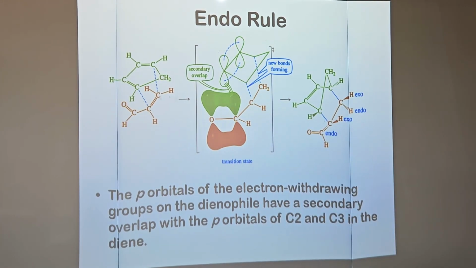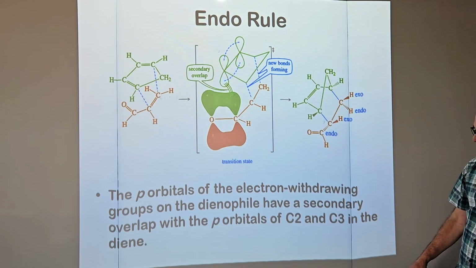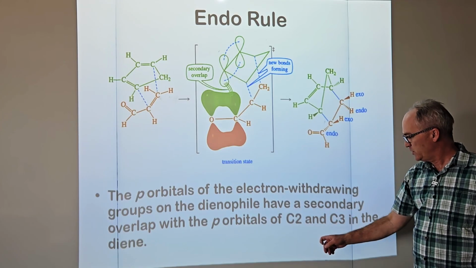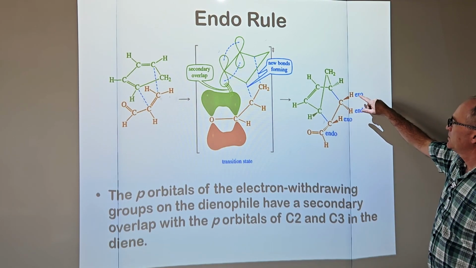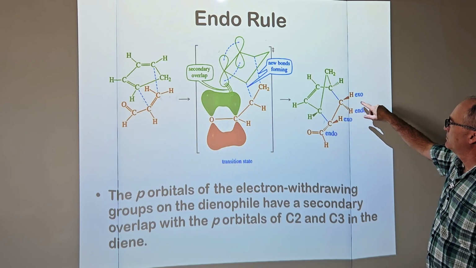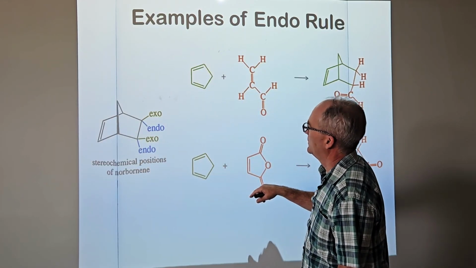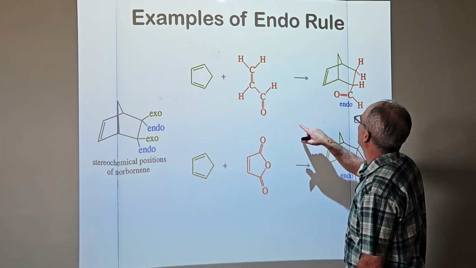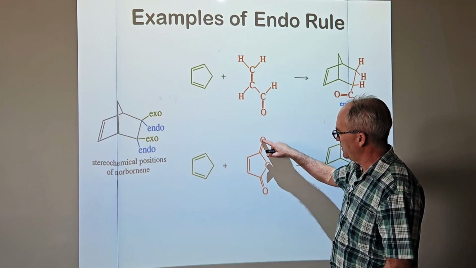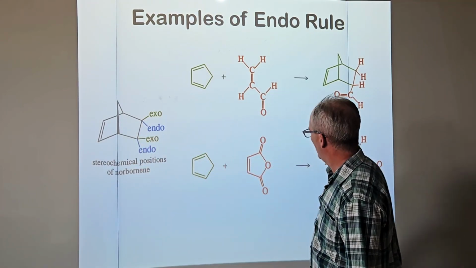So the p orbitals of the electron withdrawing group on the dienophile have a secondary overlap with the p orbitals of the C2 and C3 in the diene. And so the exo and endo positions are labeled here. So that means we want to put this thing down in the endo position. There it is. So this thing here, we want to put those in the endo position.